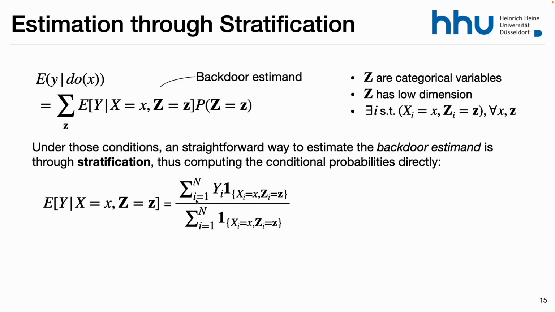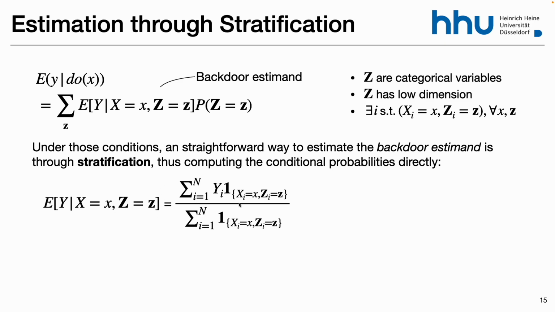So xi, yi, and zi are my samples. And I just get the values of y for those that have x equal to my x and z in this category. This is the conditional expectation for a specific z. So it's just a stratification.